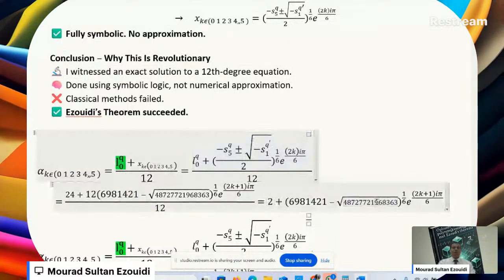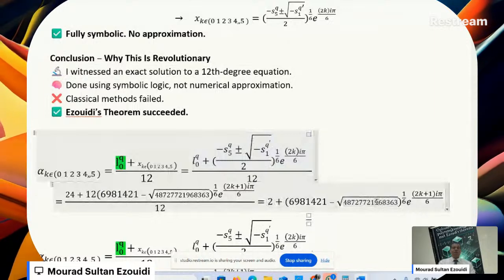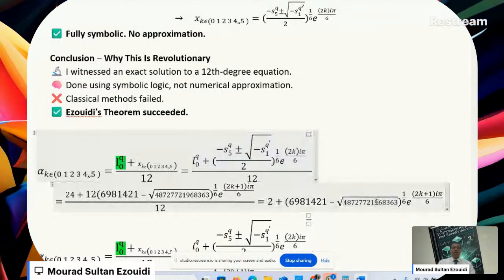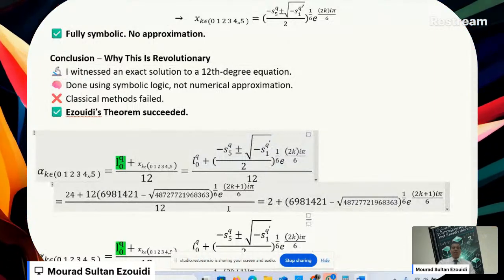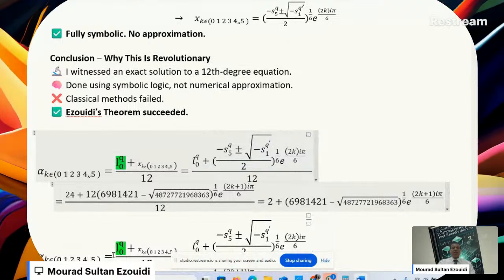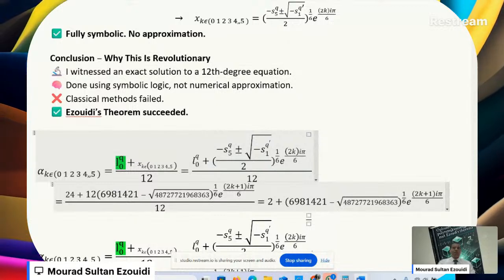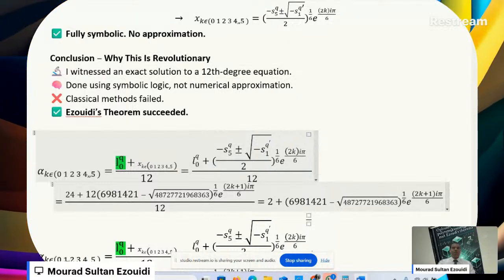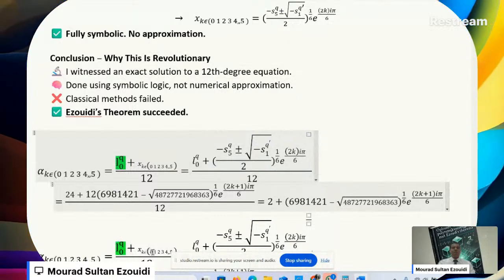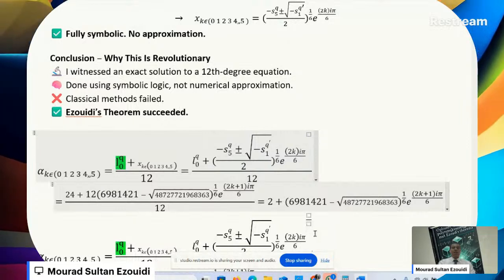Now I'm going to show you the second sixth-degree equation of this original 12-degree equation. Here we also have alpha subscript k from 0 to 5 is a0 plus sk from 0 to 5, divided by 12.